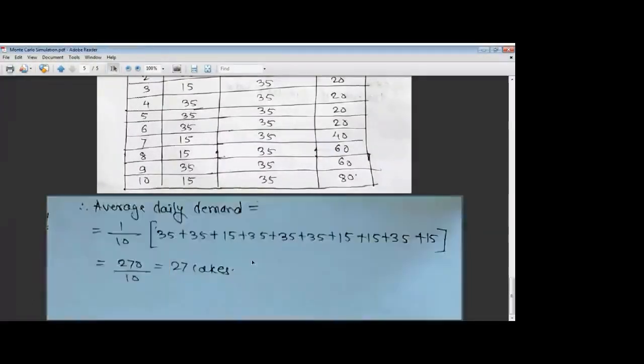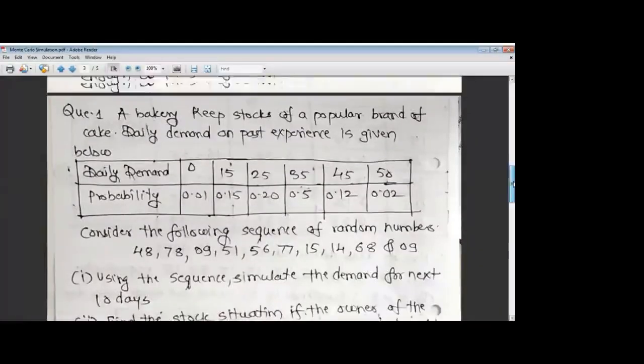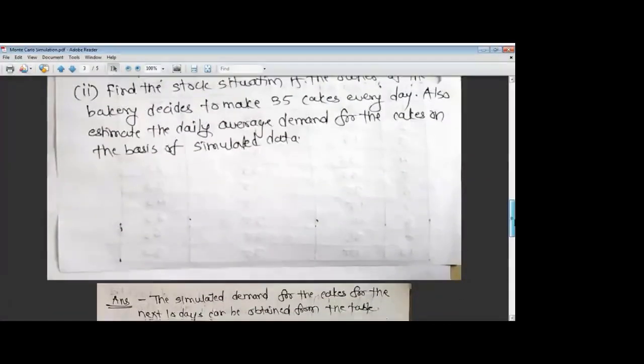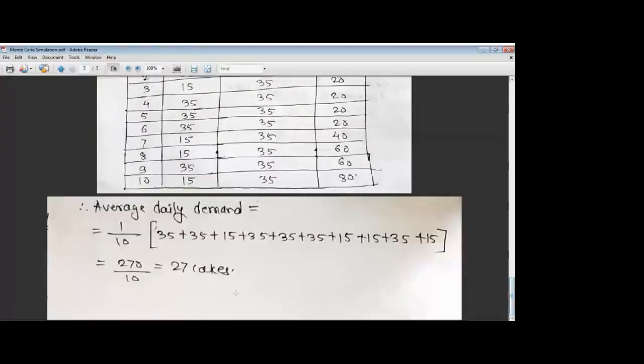I generated it with the help of the random number table available in one of the reference books, and with that my answer came out to be 28 cakes daily. So we can have random numbers, but the problem is that you all can choose different random numbers from this table, and you'll have a different answer. So it is difficult to evaluate.